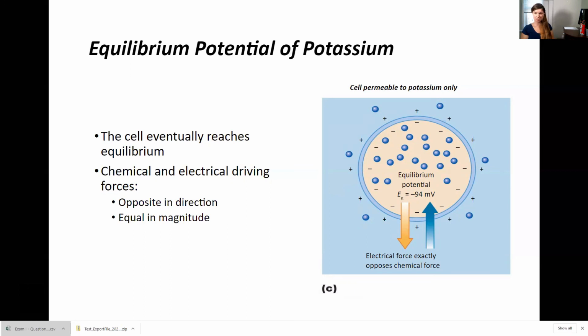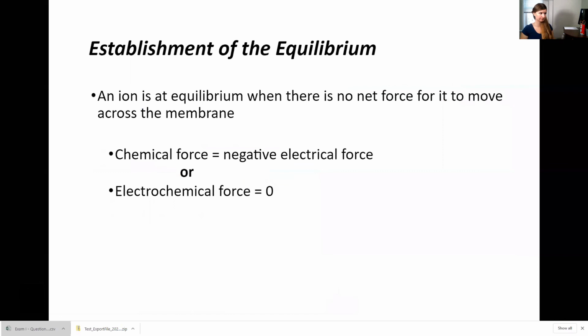So they're just as strong, but opposite directions. An ion is at equilibrium when there's no net force for it to move across the membrane. Our chemical force is equivalent to the electrical force, and our electrochemical force, when we add them together, because they're in opposite directions, is equal to 0.